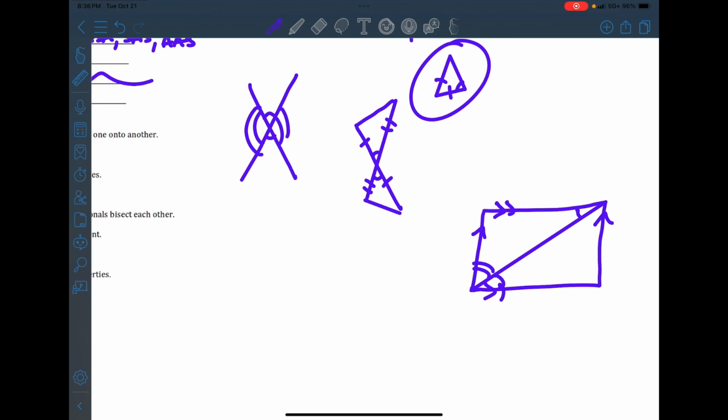And then this angle and this angle are congruent. Remember that we can rotate that top triangle down, and this angle ends up right here.